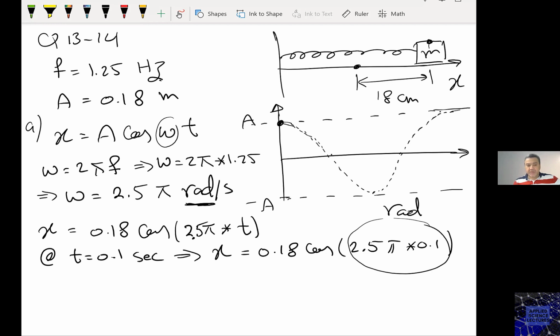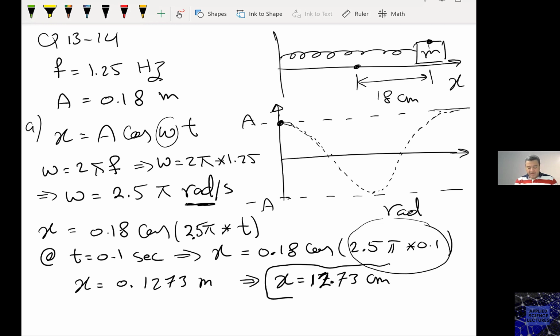So make sure your calculator is set up with the right unit of the phase. Or you can convert this one to degrees by multiplying by 180 and dividing by pi. Here x equals 0.1273 meter, or x equals 12.73 centimeters.